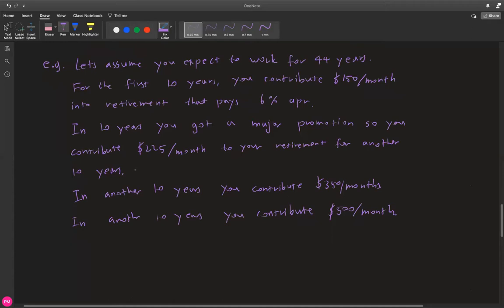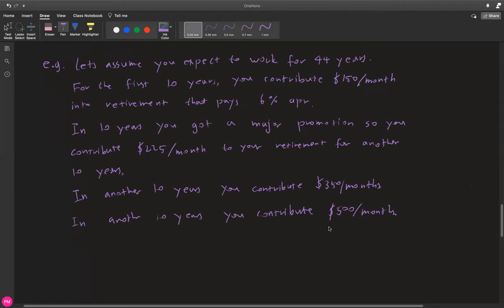And it reflects your promotion. And you've been working for 20 years by the end of this. And by the end of the 20th year, you receive another promotion. So now you can afford to set aside more, and that's $350 and $500. And let's say that's the scenario.